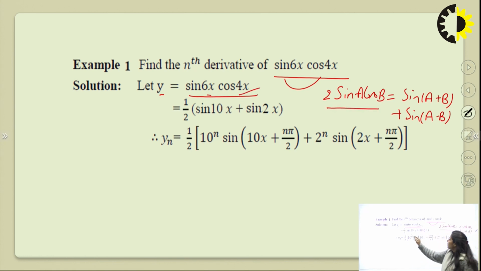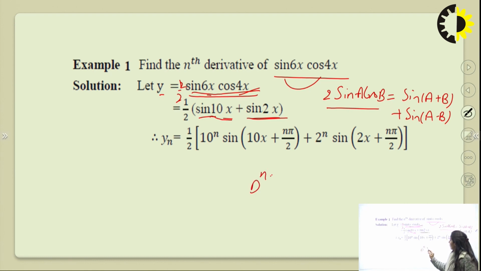So firstly we will multiply and divide by 2. So 2 sin 6x cos 4x is equal to sin 10x plus sin 2x. Now we will find the nth derivative of this term and the nth derivative of this term by using the formula.